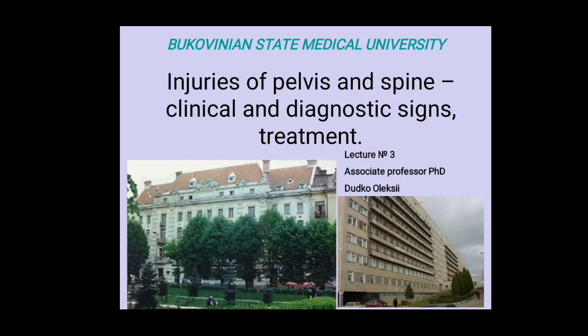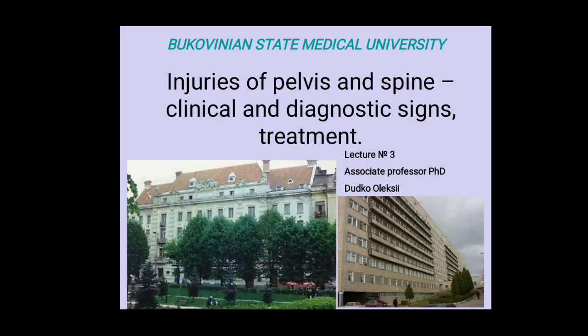We should remember that lethal outcome for unstable fractures of pelvis can also be found in up to 30% of cases. Of course, we'll discuss a classification later, and not all fractures of pelvis are so severe.